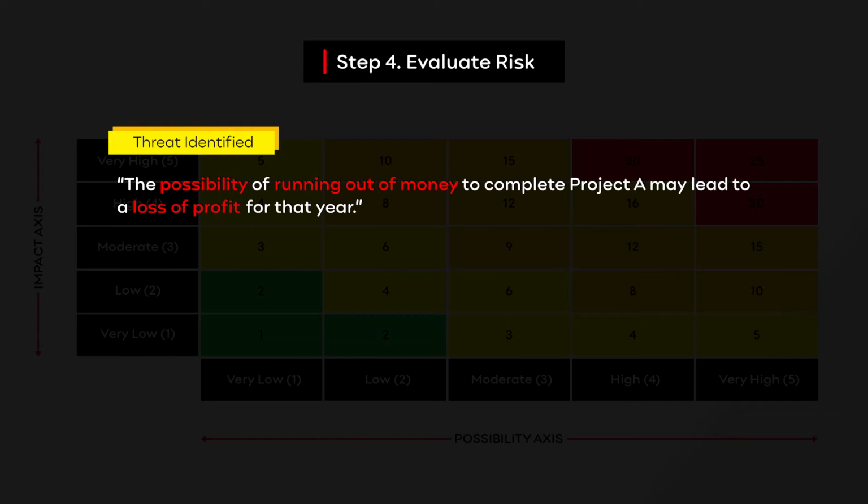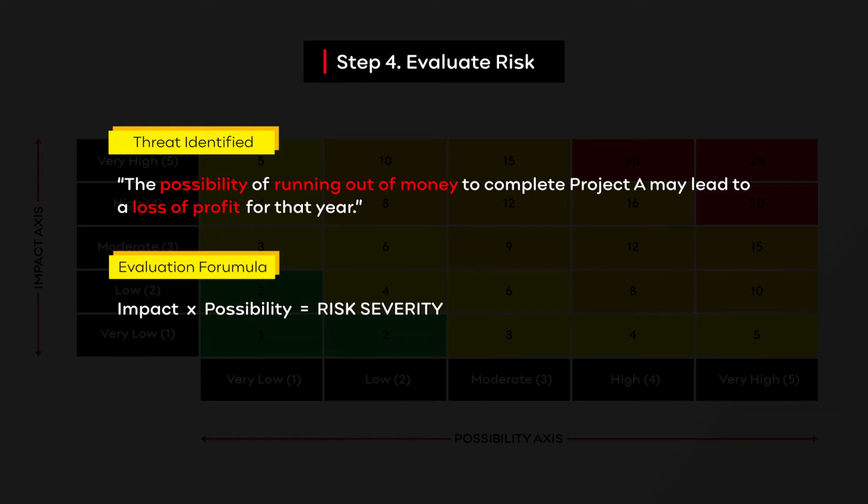So what you want to do now is work out what the severity of that risk is. Based on what you know and how it's going to impact your objectives, your mission, your vision, your purpose, you know where to place that on the chart. So let's just go with a few numbers here. So here you have a simple formula. Impact times possibility equals risk severity.